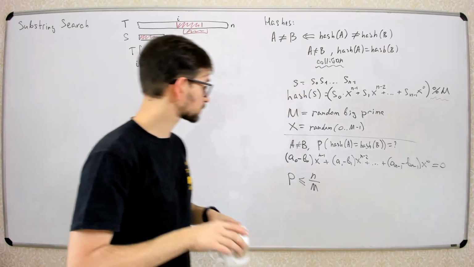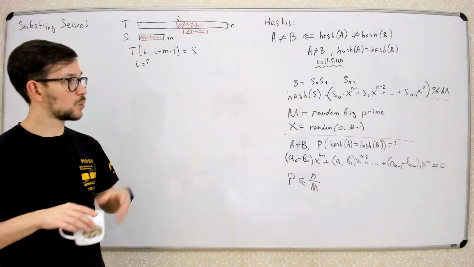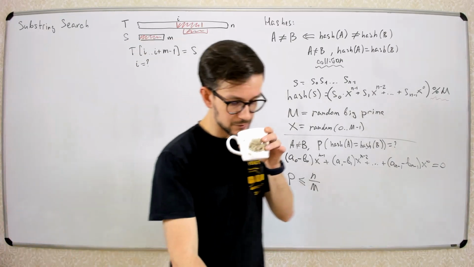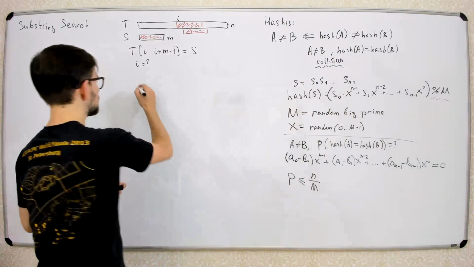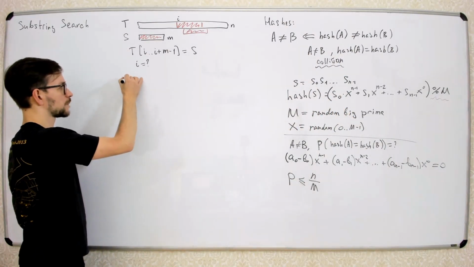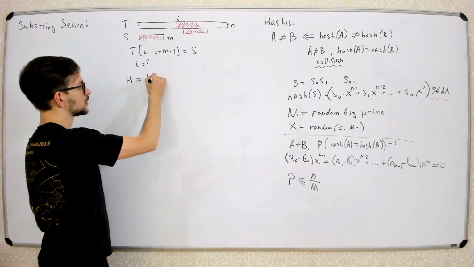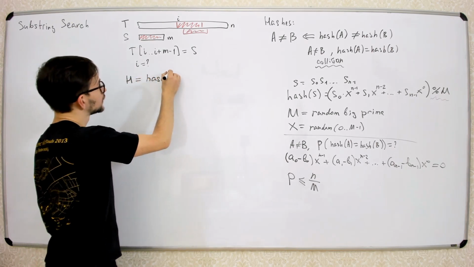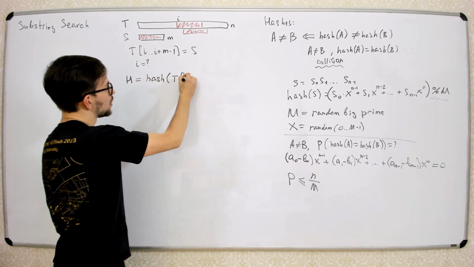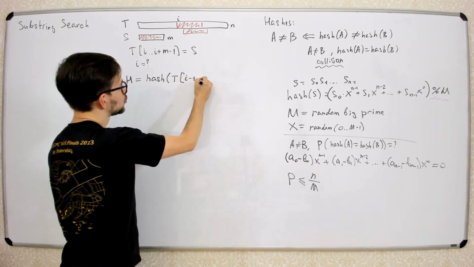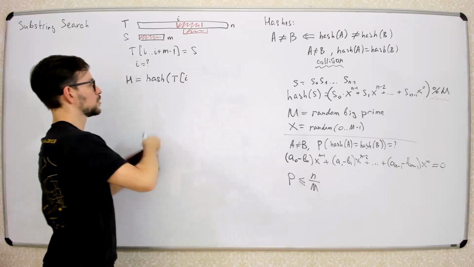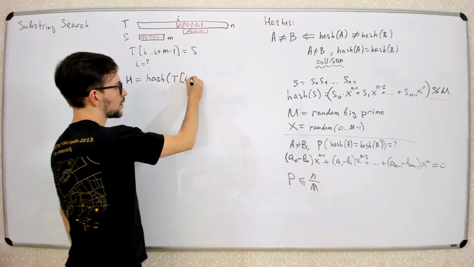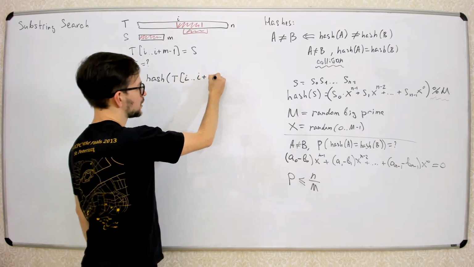Nice. So what's the plan? We know the hash function of some substring. So imagine you know the hash function of some substring of t, so you know the hash function of the string from I to I plus m minus 1.